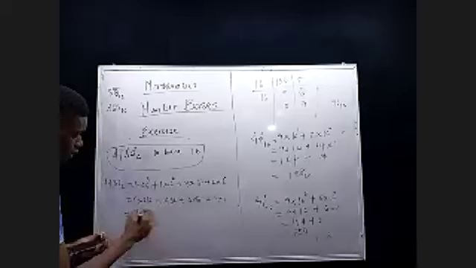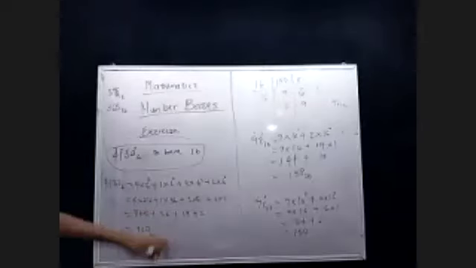That's 864 plus 36 plus 18 plus 2, which is going to give me 920 base 10. So after adding this up together, I have 920 in base 10.